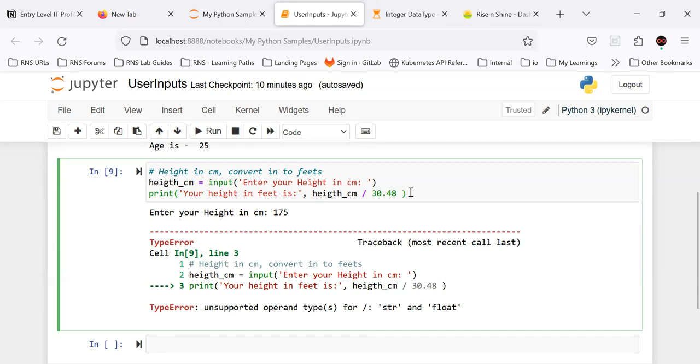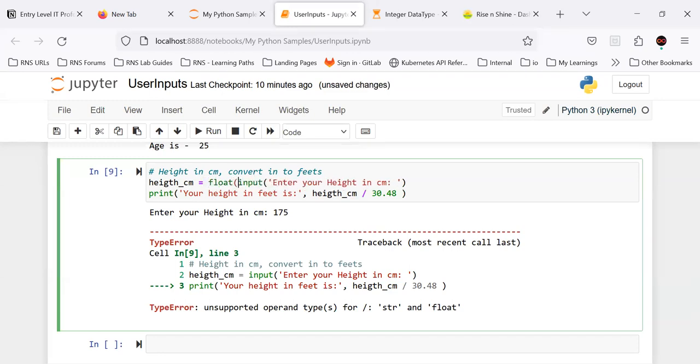What we call this is typecasting. Here we are converting the string into a float. But how do I convert it? You can use it in the input function.